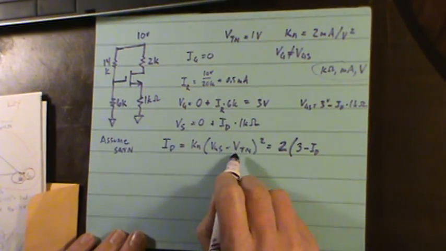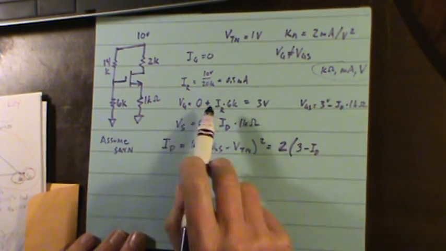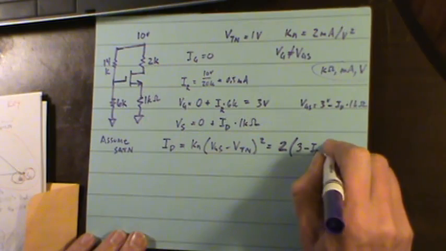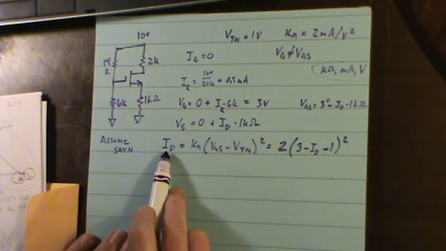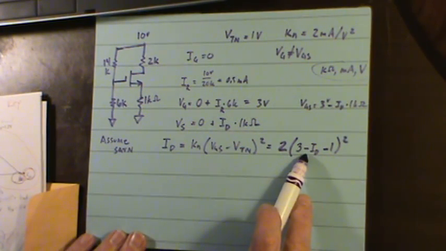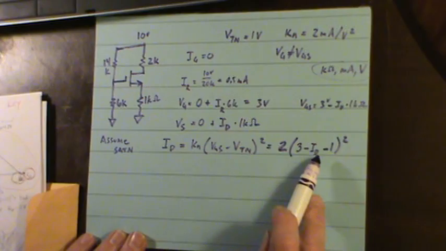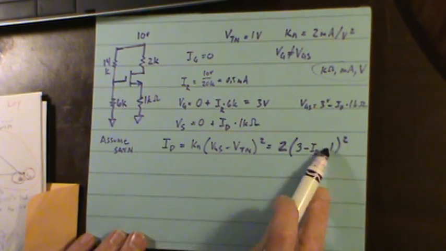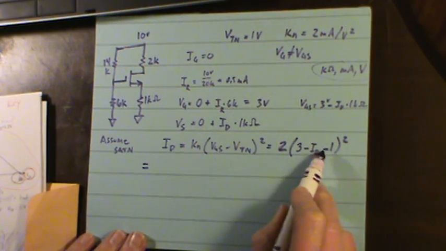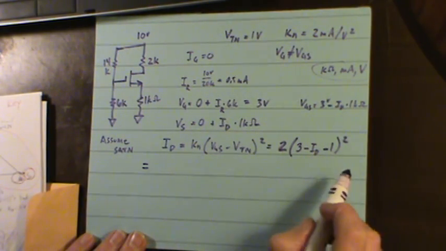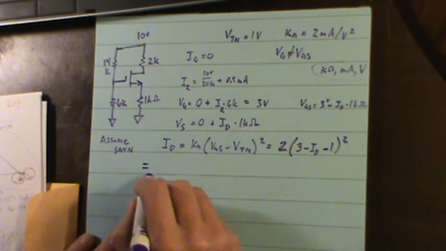I've got to then subtract VTN. VTN is 1, minus 1, squared. So here's my equation, assuming saturation: ID equals twice 3 minus ID, which is VGS, minus 1, which is VTN, squared. I saw a couple people take this and very complicatedly draw all that out, but look what's going on.